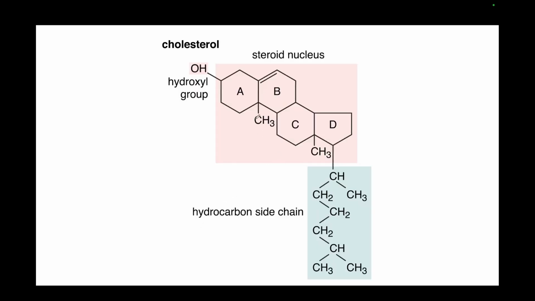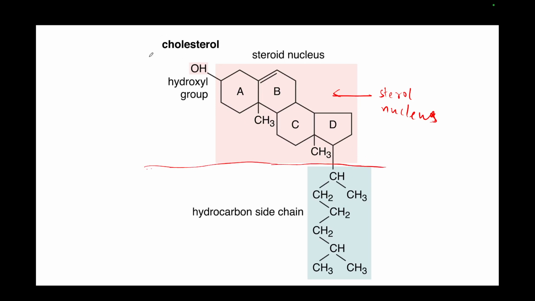So you see, this was the cholesterol structure, right? I told you this is the steroid nucleus or sterol nucleus. So this part is the sterol nucleus. Now from this, if I remove this hydrocarbon side chain, if I end the structure here at the pink part, what will you have?